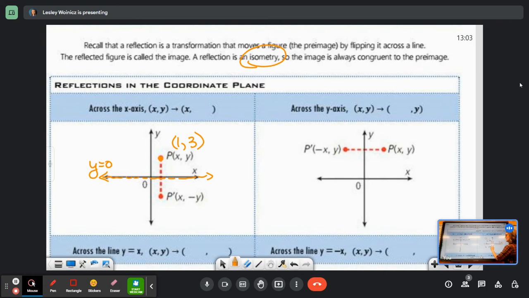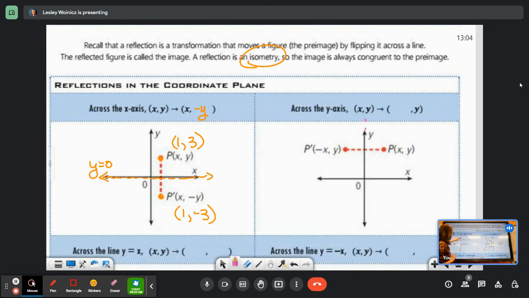Notice that the x does not change. The x is still 1, right? It's still 1 right from the y-axis, but the y changes to a -3. Okay, so the x stays the same and the y goes opposite of what it was. So that's our rule for reflecting in the x-axis.